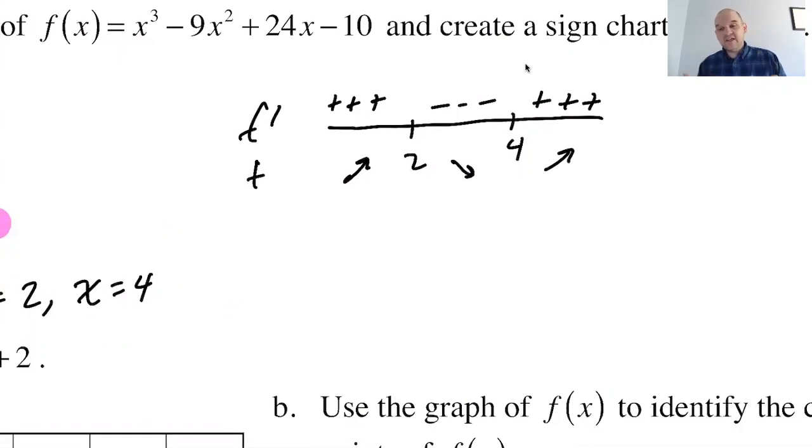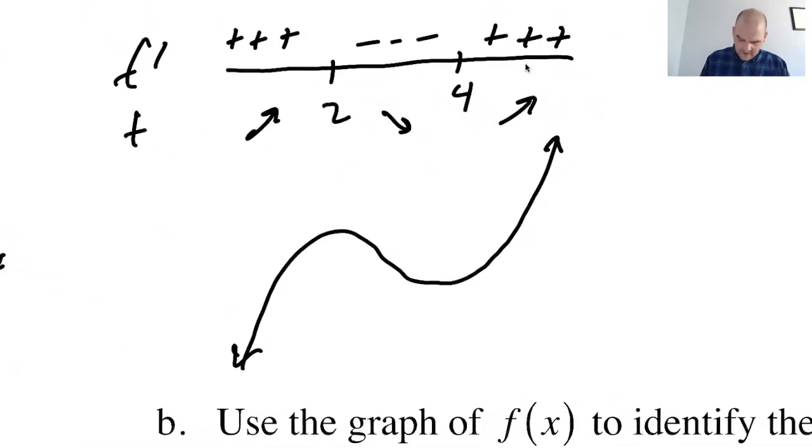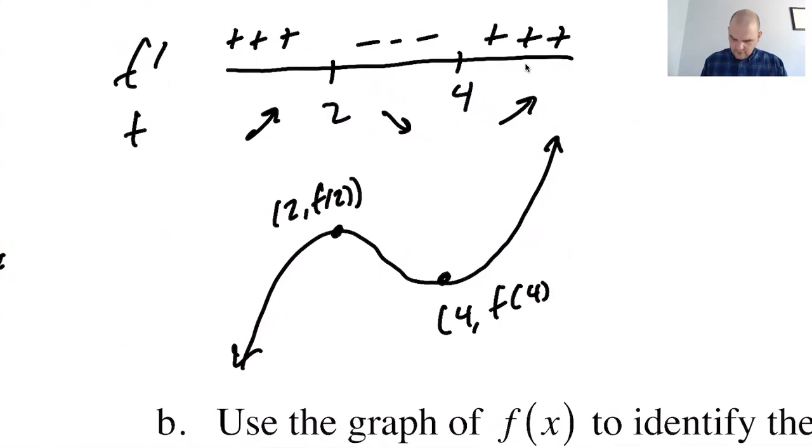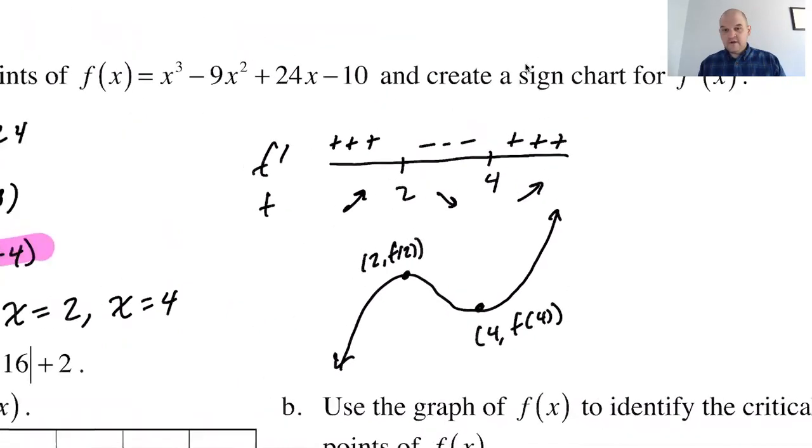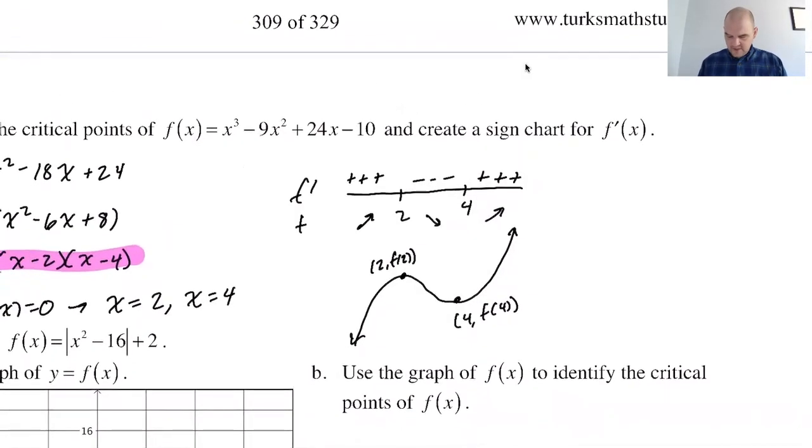So I actually know that the function looks something like this, where I don't know the values, nor am I going to find them, but I know that this is at 2, f of 2, and this is at 4, f of 4. So I'm going to write this down.